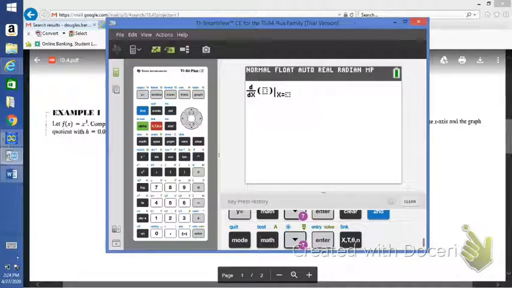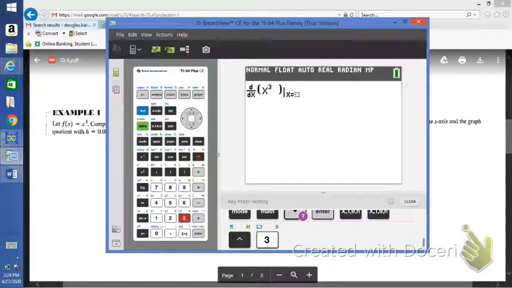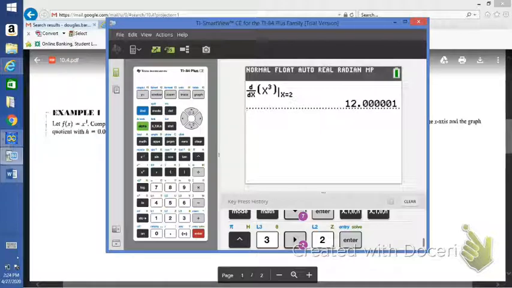Now we write the function. So it's going to be x cubed. And then at which point do we want to find the derivative? It's going to be at x equals 2. And then hit enter. And you get 12. And notice that's the same thing we got when we did it by hand.